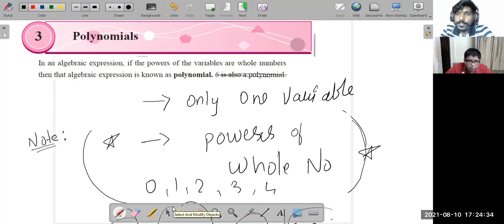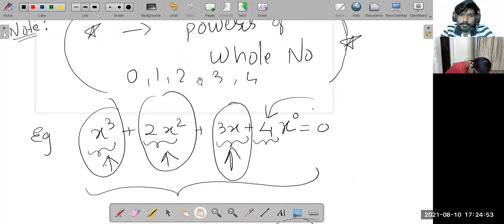Powers of the variable are whole numbers only.